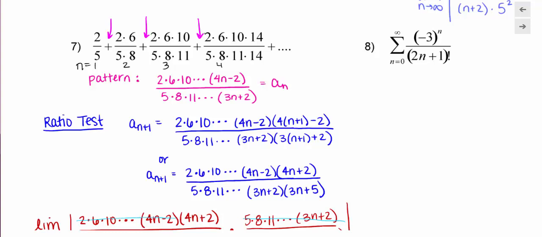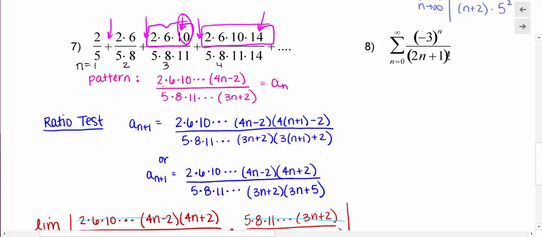It is not necessarily a factorial because, if I had 10 factorial, for example, that would be 10 times 9 times 8 times 7 times 6 times 5 times 4 times 3 times 2 times 1. And that's not what I have. I only have 2 times 6 times 10 in that numerator. Then I have 2 times 6 times 10 times 14. And so I'm adding one additional factor each term.